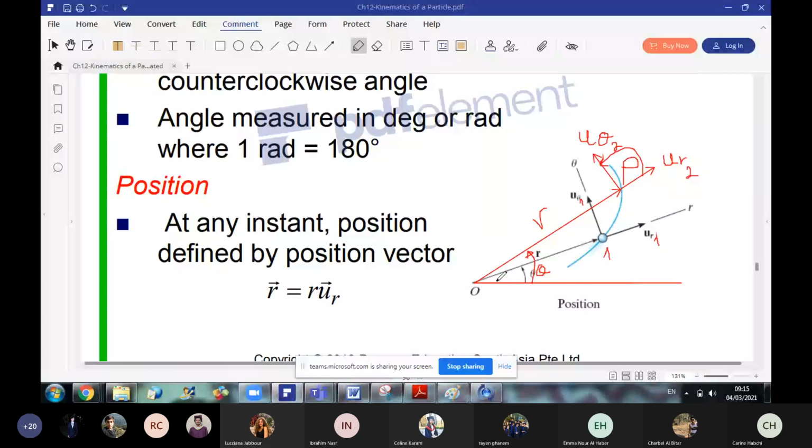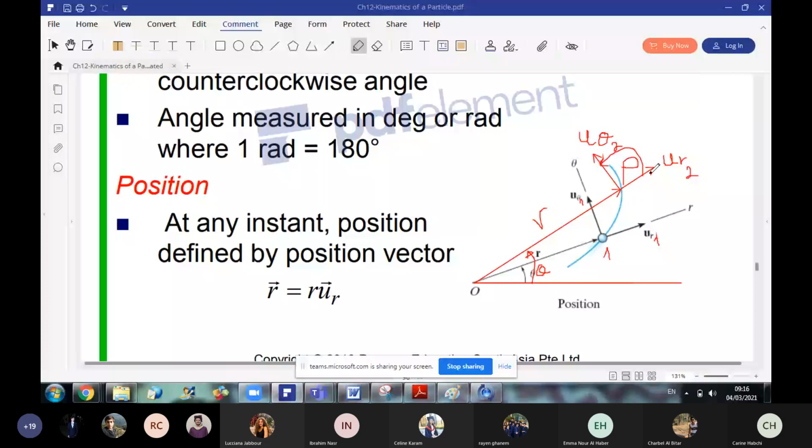Now, if I want to work in this type of coordinates, how to define velocity and acceleration? I will always go back to the definition. In order to find velocity, I should derive the position vector with respect to time. And in order to find acceleration, I should derive velocity with respect to time. So here, in this type of coordinates, how to define the position vector? As you can see, vector OP, we defined UR as the unit vector of OP.